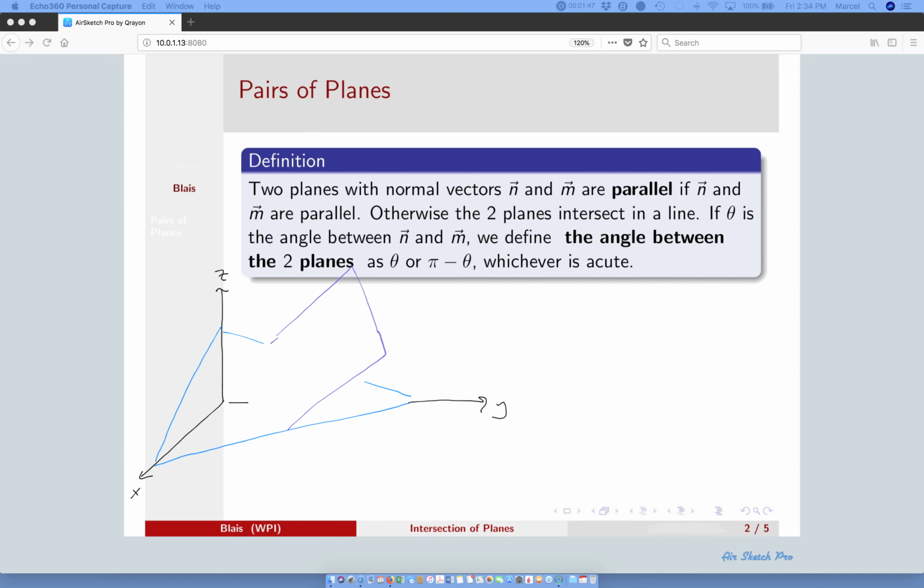And we see that these two planes will intersect in a line here.